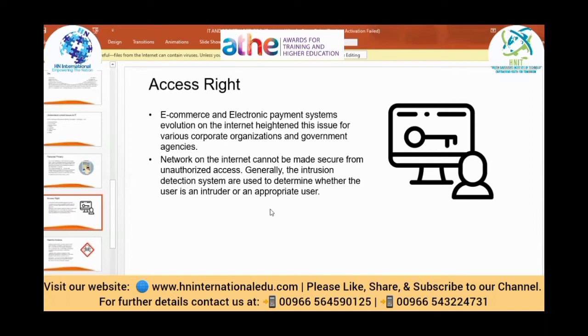But if you don't have a password or you forget the password, there is a proper process to reset your password. But it also needs access to your email address or your phone number. So there is a whole process of access right. But hackers can do anything. That is a negative thing.